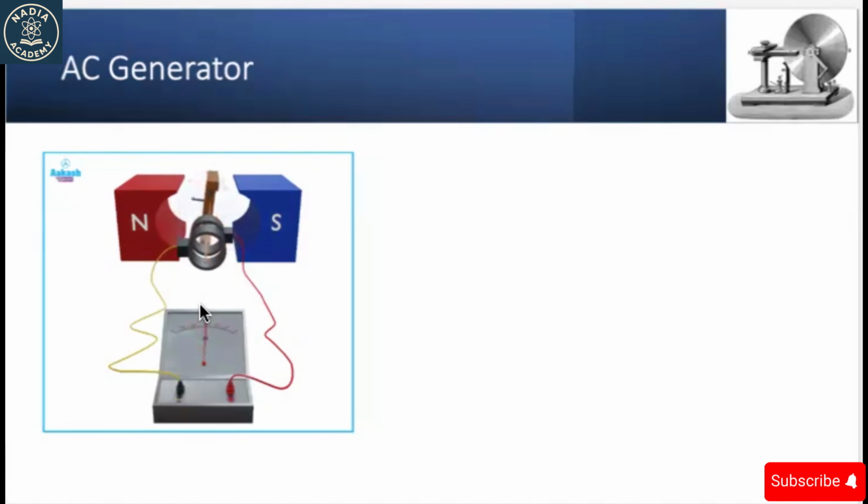This is a very simple simulation where you can see that we have a north pole and a south pole of a permanent magnet. Between these two poles, we have a uniform magnetic flux density B. Now, we have this coil, and note that this time each terminal of the coil is connected to a separate ring.